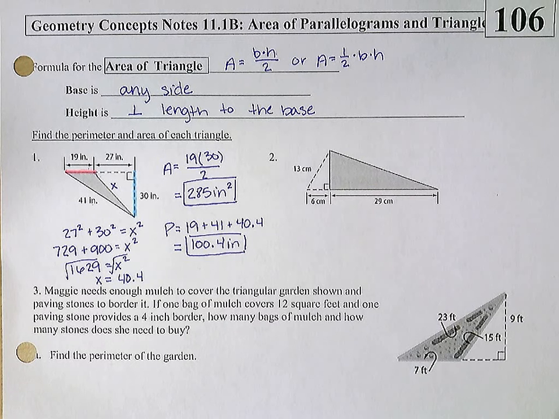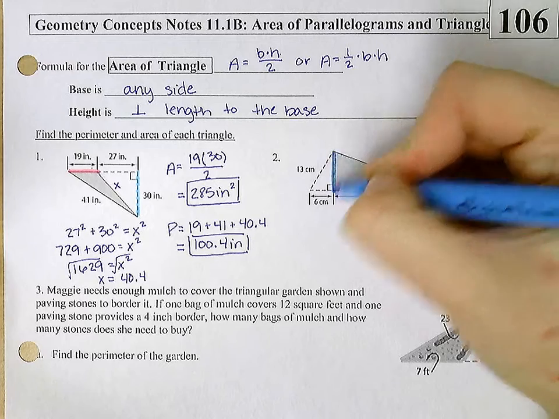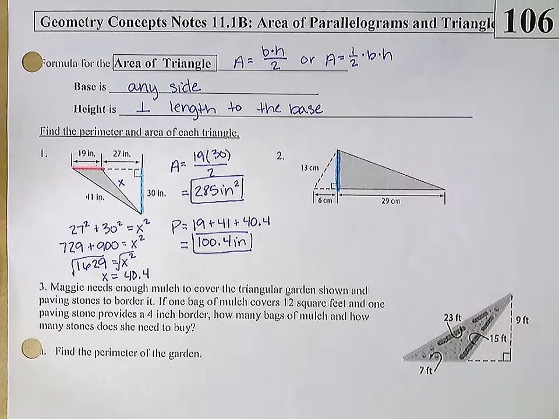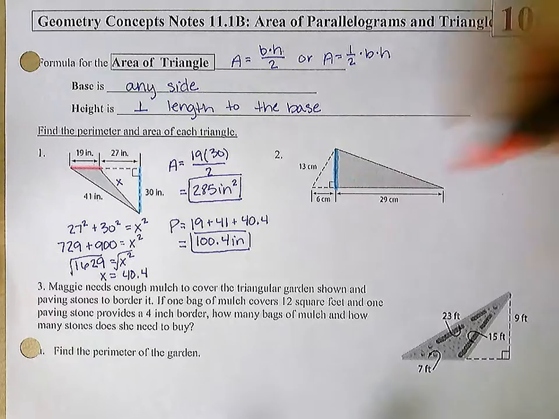All right, then looking at number 2, again, we're finding the area and perimeter of the shaded triangle. First thing I do is find the height. Okay, the height is that perpendicular line. Okay, so in this triangle, my height will be this length right here. Okay, that makes my base which line? 29.